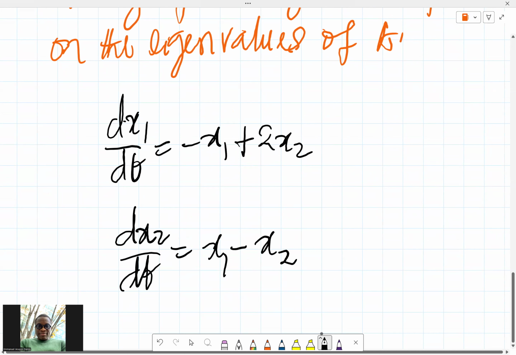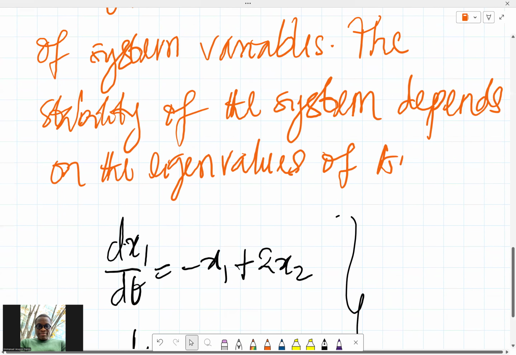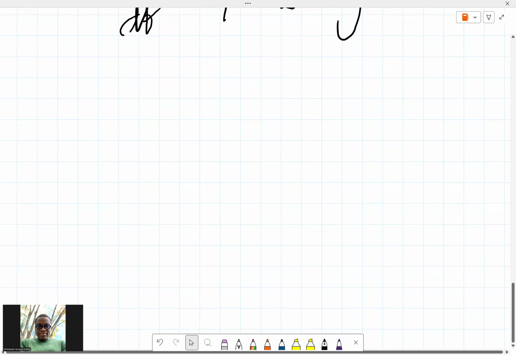That's what the system is actually, and from there, you can extract the components of the right-hand side. So now let's see how we can deal with that.